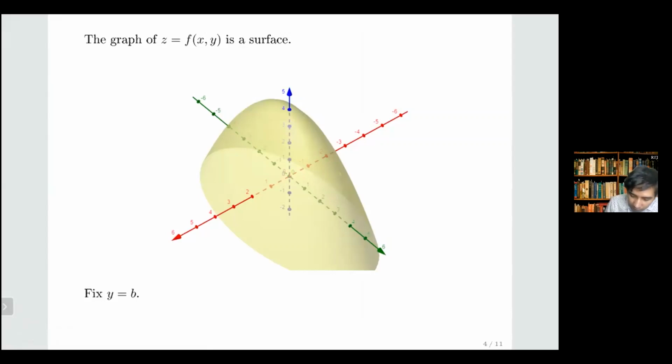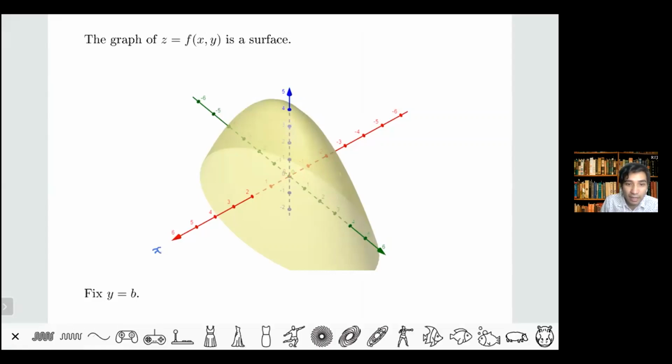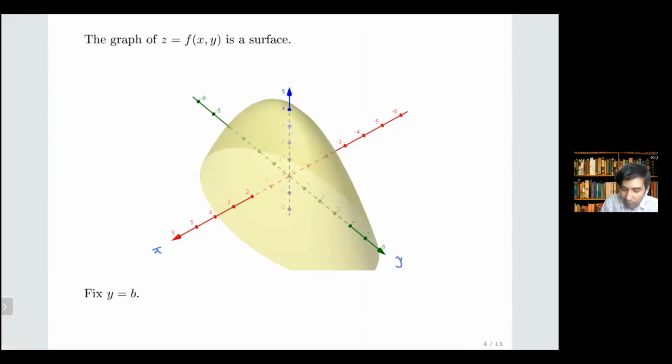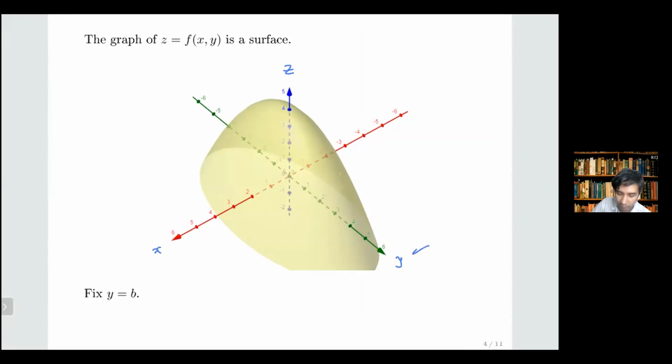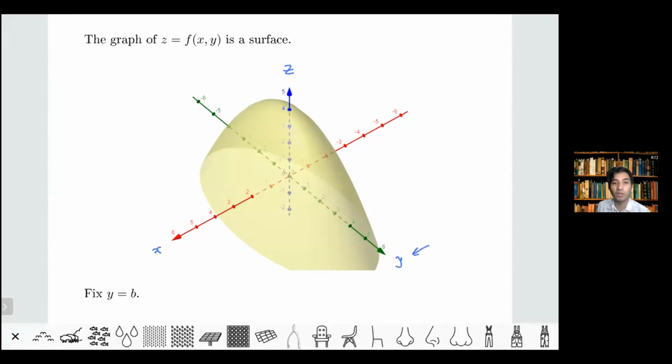So in this graph, let's use the usual convention: the red one is the x-axis, the green one is the y-axis, and the blue one is the z-axis. So we are looking for all points with a fixed y coordinate.